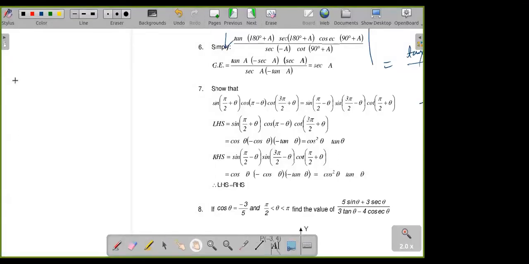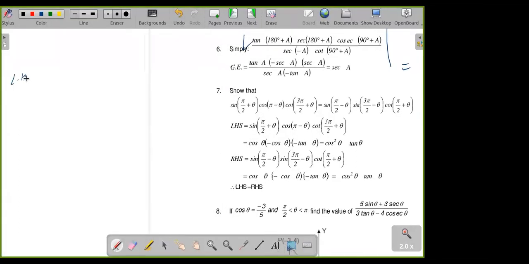Okay, LHS is what? Sine of 90 plus theta, cos of 180 minus theta, and cot of 270 plus theta.